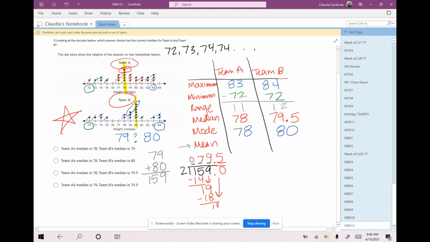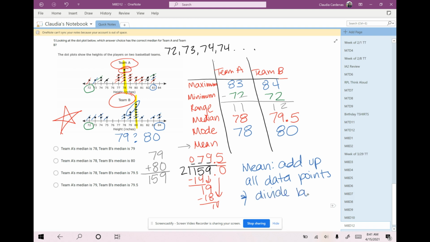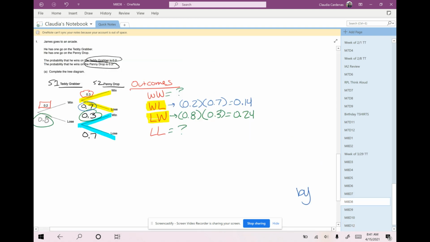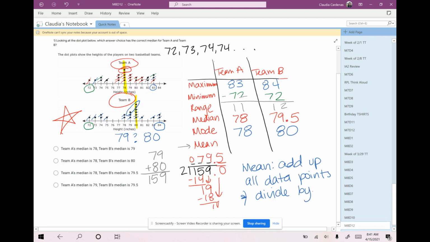And then finally, the average would be when we add up all of these dot plots and then divide by how many there are. So let's just make note of that, because we're going to actually stop there in the interest of time. So add up all data points and divide by how many data points there are.